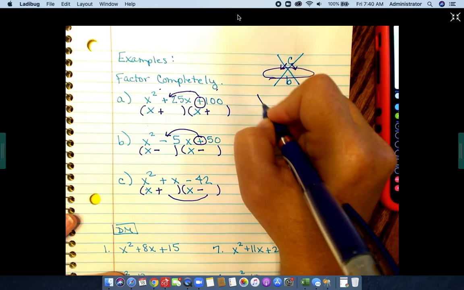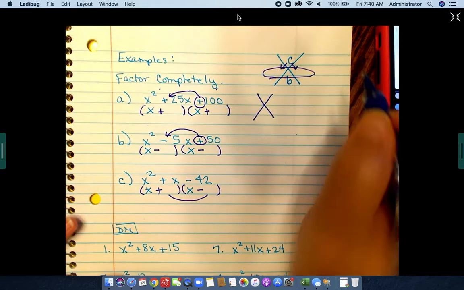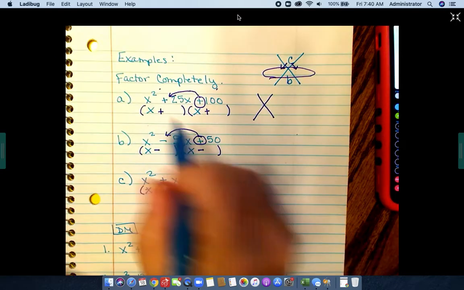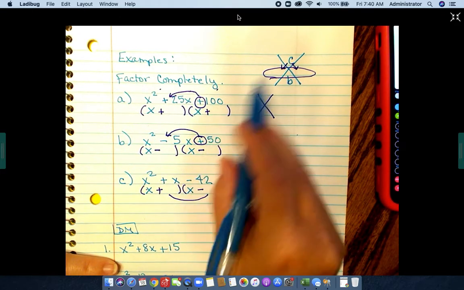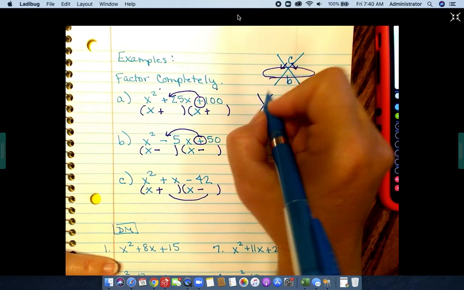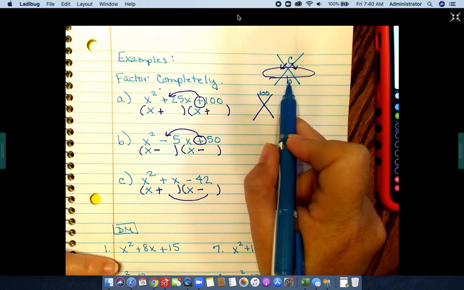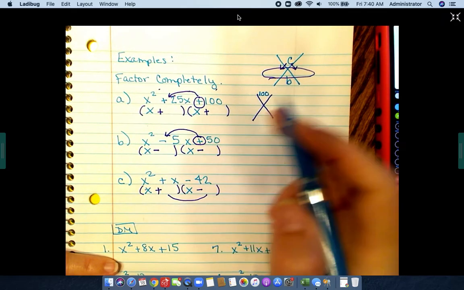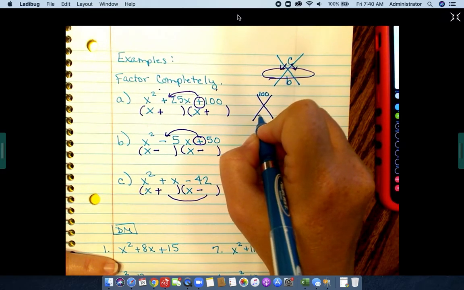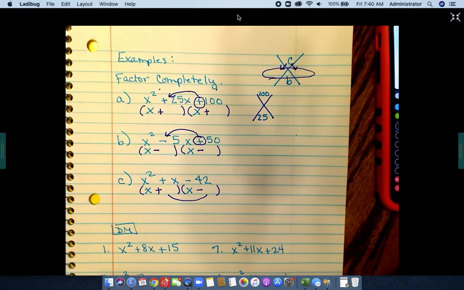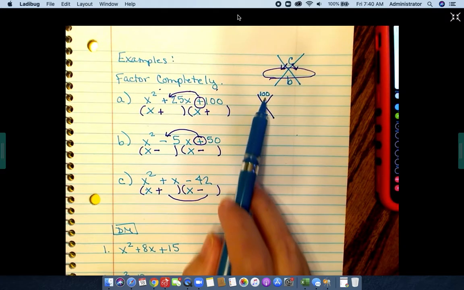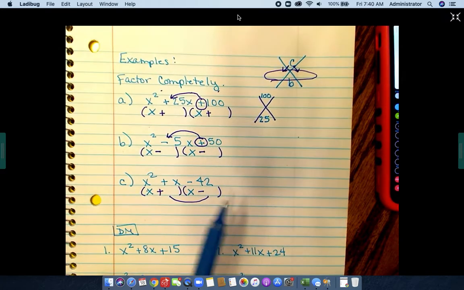So for A, my constant term, C, is 100. My B value is 25. And I want to find the factors of 100 that combine to give me 25.